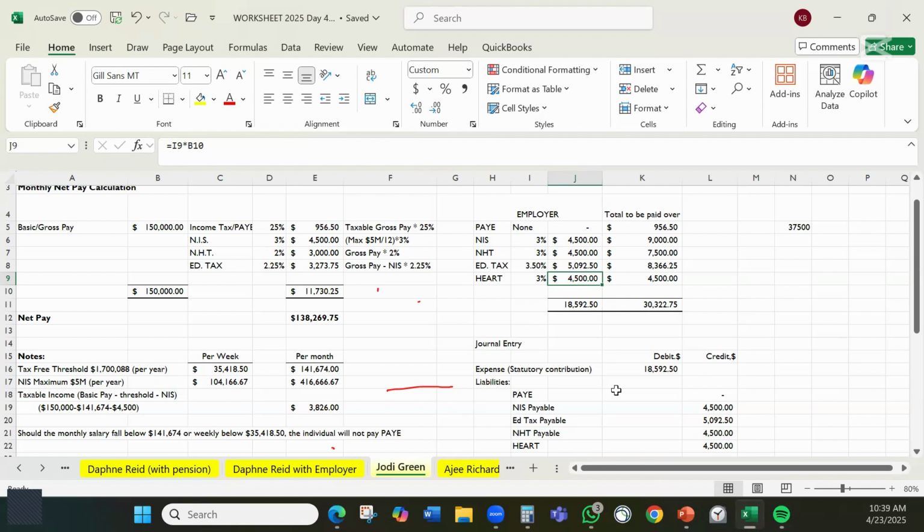And it is this amount that we're going to pay over to the government: the piece that you withheld from the employee, plus the piece that you calculated as the employer's contribution.